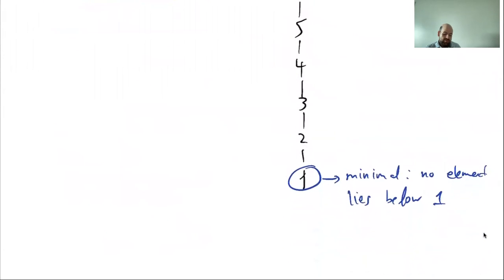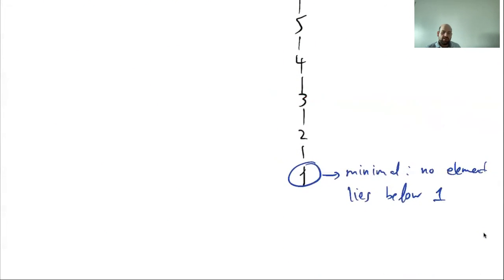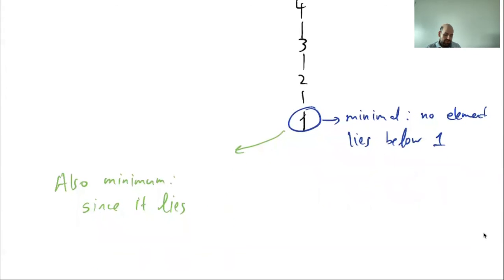And minimum, if it exists, is an element which lies below all other elements. And 1 in this case is also minimum, since it lies below all other elements.